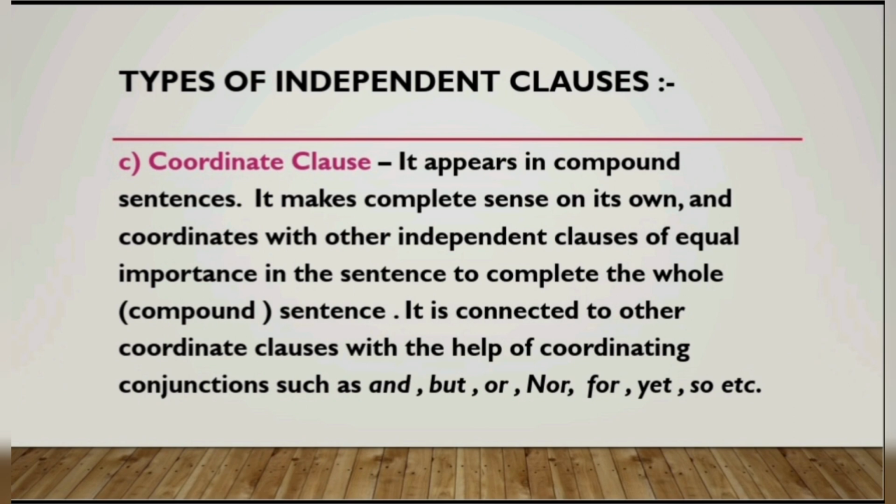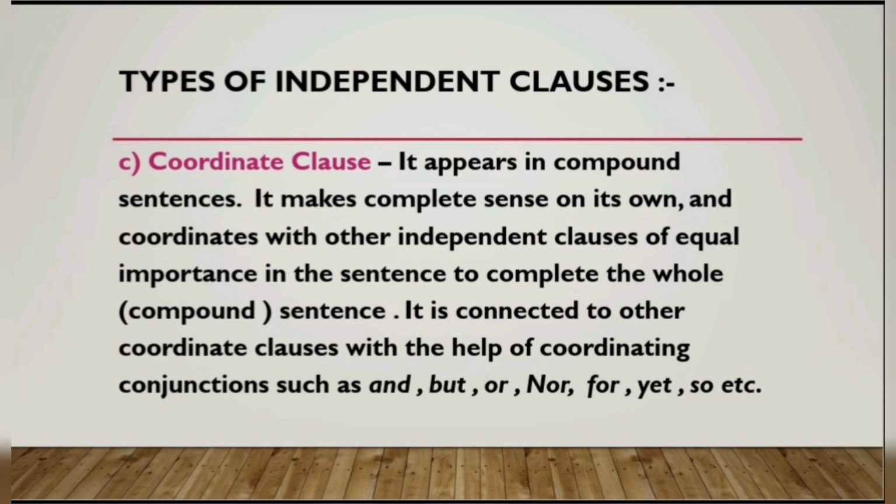So a coordinate clause is a clause which appears in a compound sentence, and a compound sentence contains at least two independent clauses which are joined by what? By a coordinating conjunction like for, so, yet, or, and, or by a semicolon.